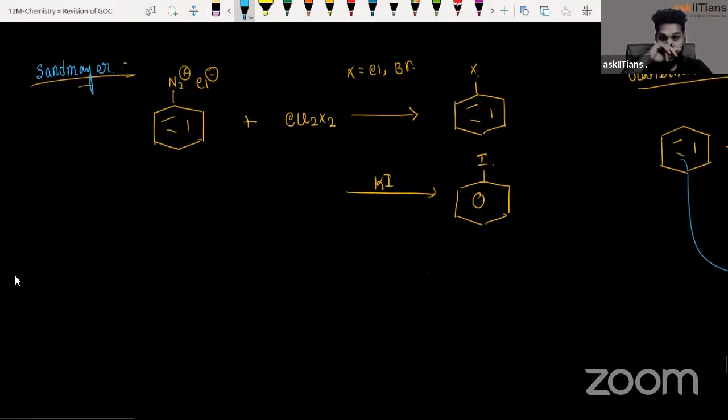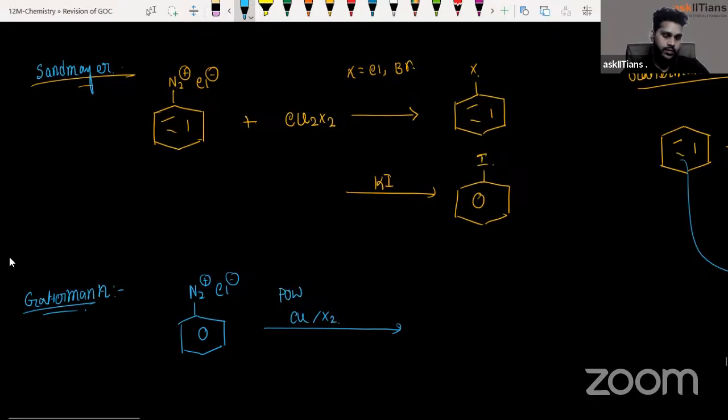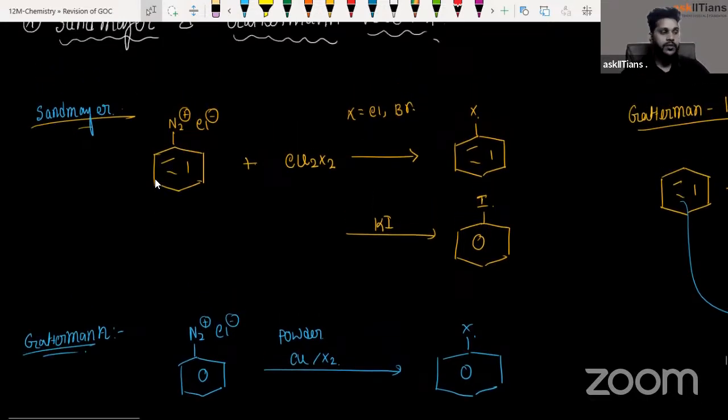The Sandmeyer reaction got modified by Gattermann. So in Gattermann's reaction everything was the same. Only the change: instead of Cu2X2, you give copper powder and HX. That gives you the same product. All right.